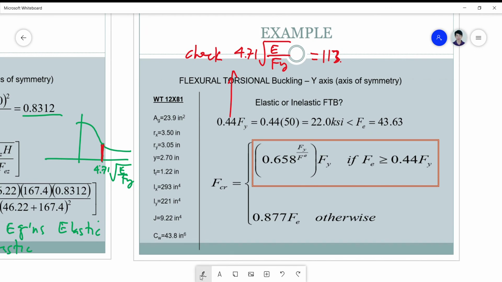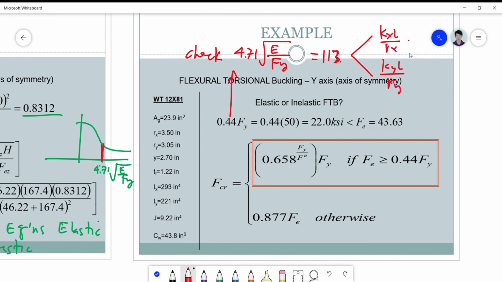Ano i-compare mo? Di ba yung sinabi ko sa inyo? Dalawa yung ano natin, di ba? KL over r, yung KxL over rx, tsaka KyL over ry. Pareho naman ito, less than ito di ba? Pareho ito is, ano ba to? Less than yung 113. Tama? This is also less than 113. O, saan ka magfo-fall? Dito pa rin, di ba? Less than. Dito ka pa rin magfo-fall. Okay?